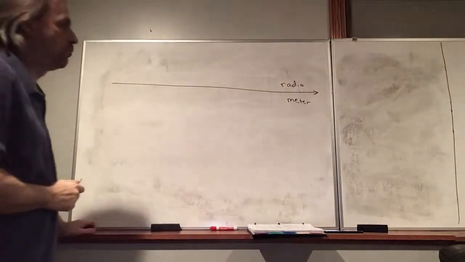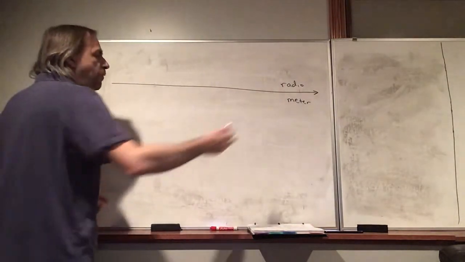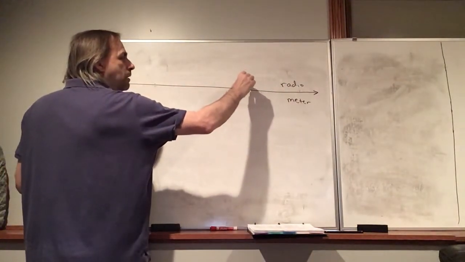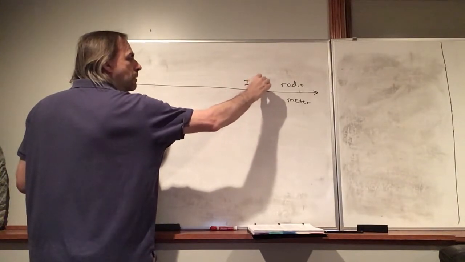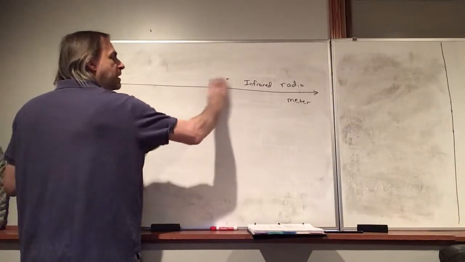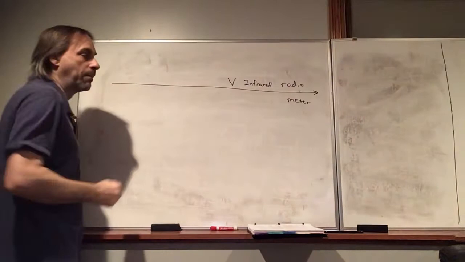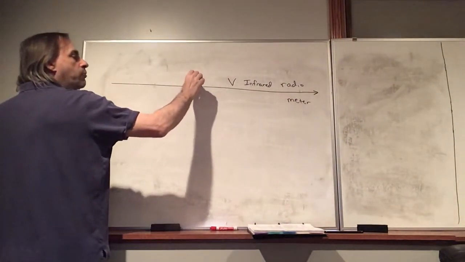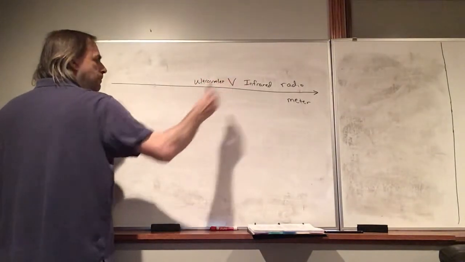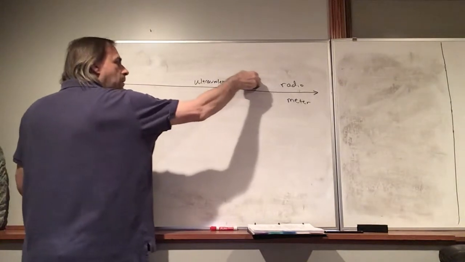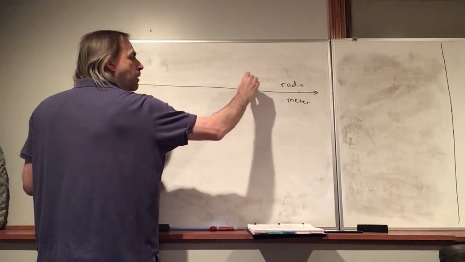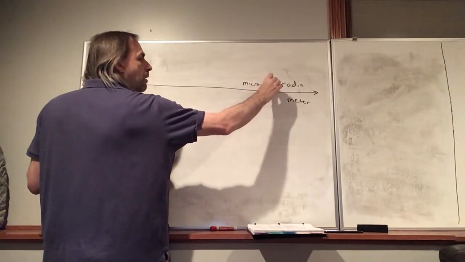We have radio waves. And then if we decrease the wavelength, we get to infrared, and then I'll just say V for visible light, and then we have ultraviolet. Oh, I forgot one. Let me move everything over. Between radio waves and infrared we have microwaves, which is what you'd have in your oven.